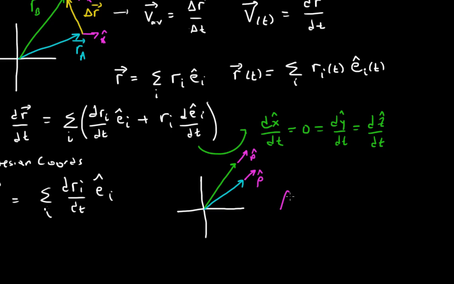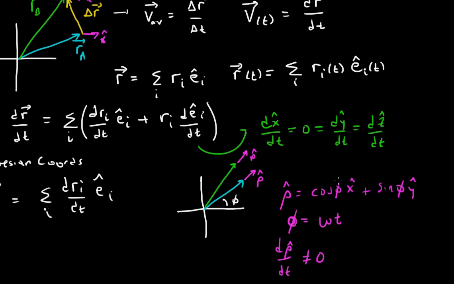Just again as a preview, rho hat is going to be equal to cosine of the azimuthal angle, being this angle, times x hat, plus sine of the azimuthal angle times y hat. And if the azimuthal angle itself is changing with time, as this thing spins around, say goes as omega t, then you'll see that d rho hat dt is not equal to 0.